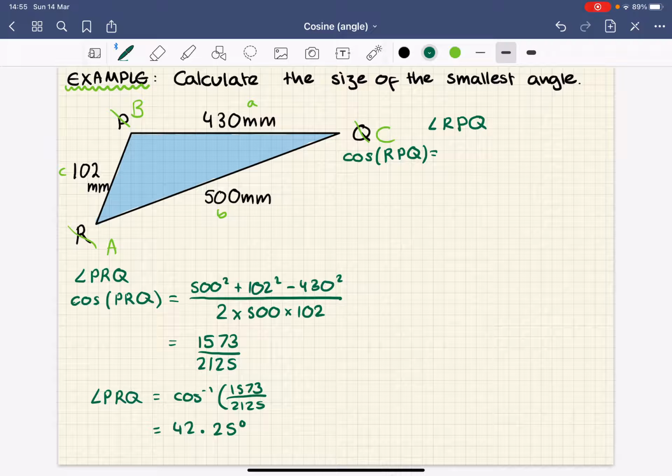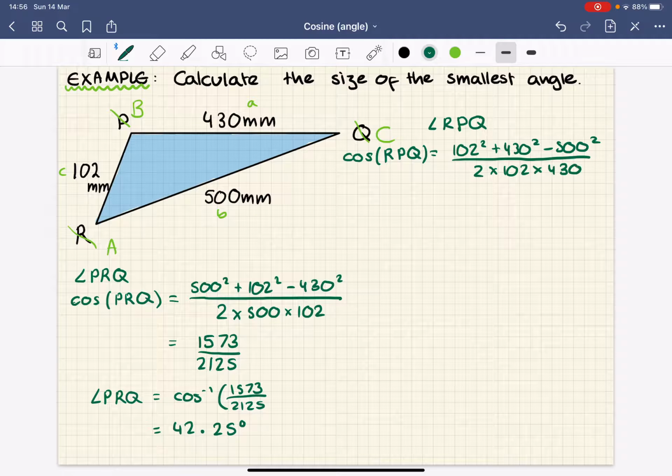So doing my substitution, that would be 102 squared plus the 430 squared minus the 500 squared all over 2 times 102 times the 430. And when I do all my rearranging, I'm putting it in the calculator and doing my cos inverse, that gets me an answer of 128.57 degrees.